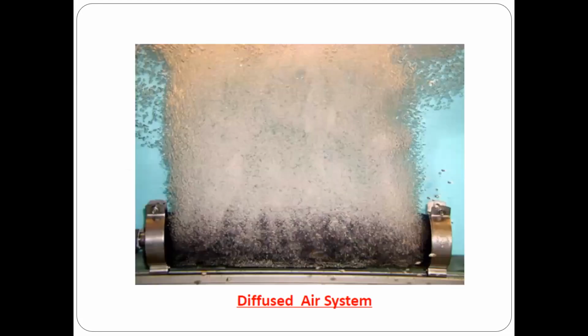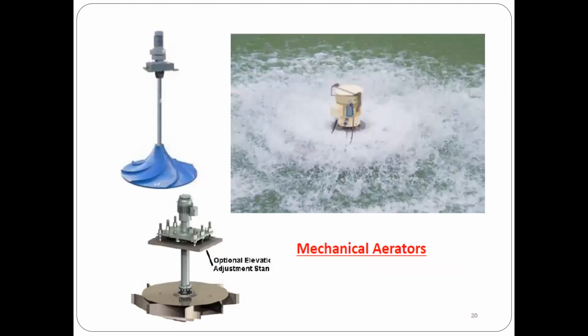That is mechanical aeration. This is a mechanical aerator, whatever I'm telling you. Mechanical aeration means we have to provide this pump, and we have to carry out revolution of these plates. Whenever it gets revolved, atmospheric oxygen automatically gets mixed. This is also one type of aeration, mechanical aerators.